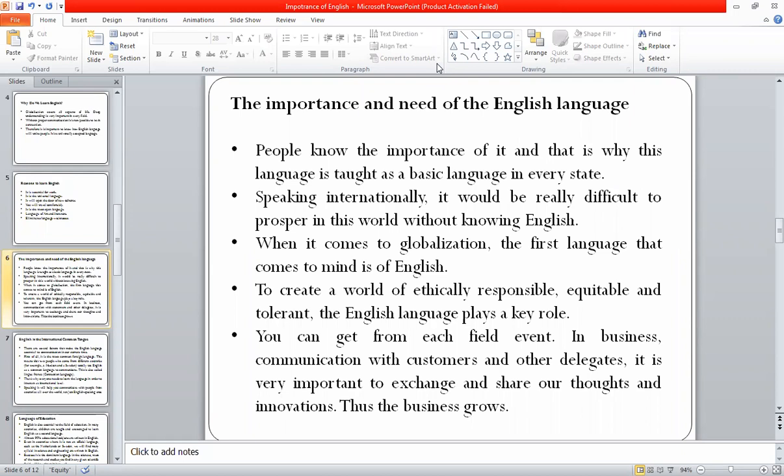As we all are using computers, internet and laptops, we find most of the information in the English language.